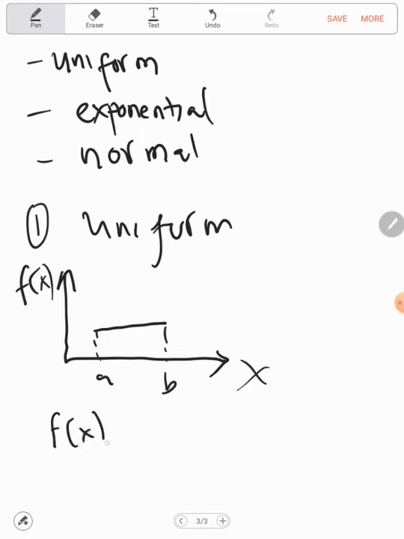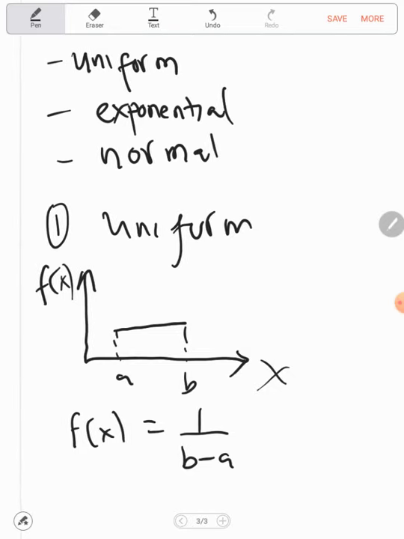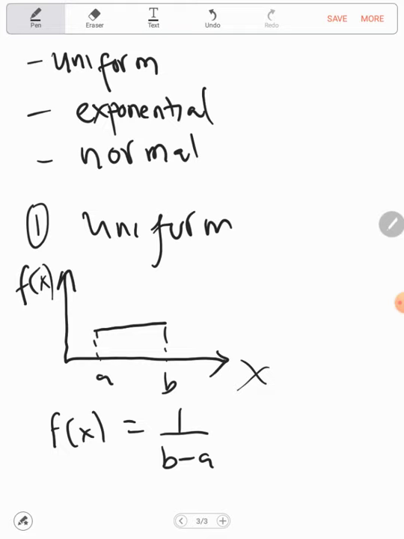The PDF is just given by 1 over B minus A. The B and the A are our interval limits. A and B are constants.